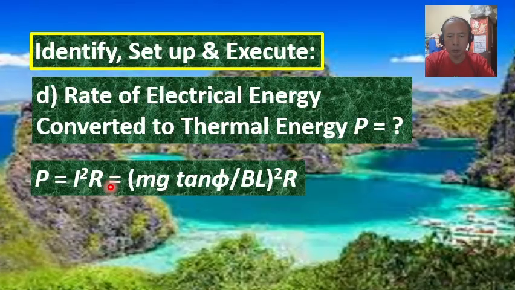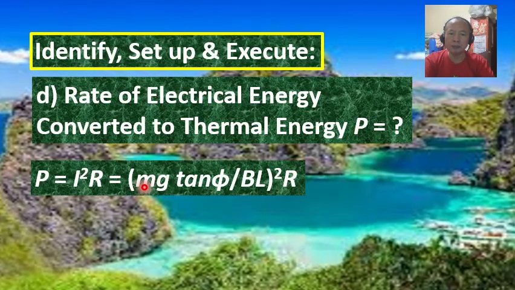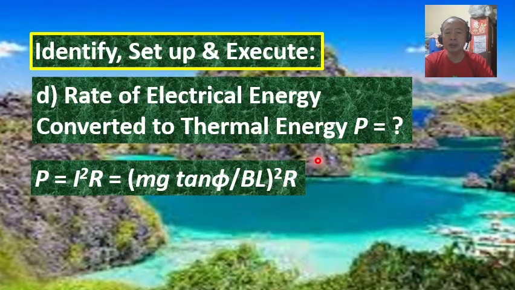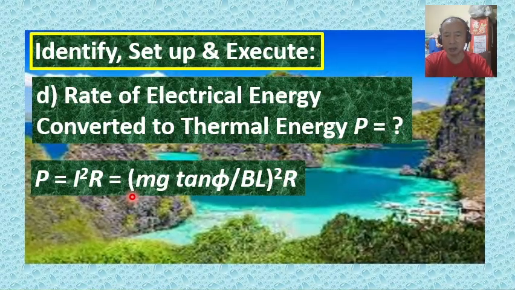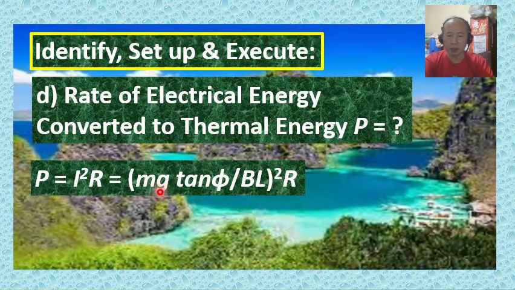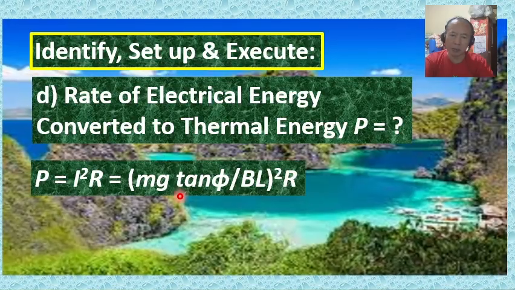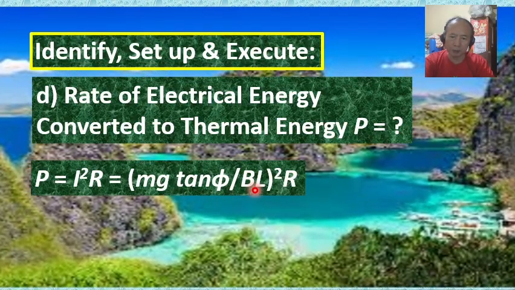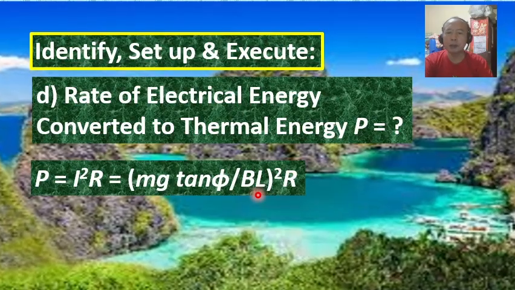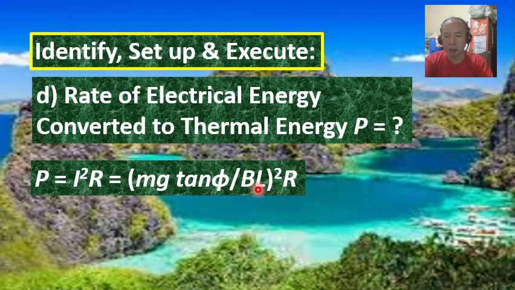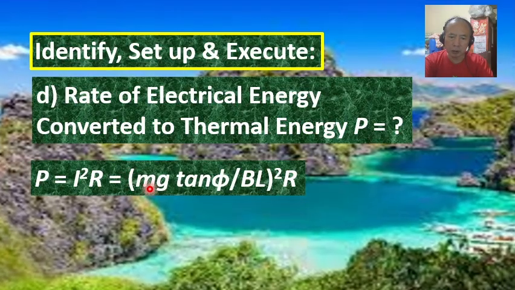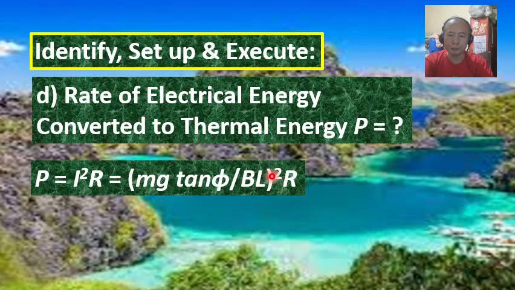So we simply substitute the expression for the induced current that we obtained earlier, which is mg times tangent of the angle phi divided by the magnetic field B multiplied by the length of the bar, and then square them all.